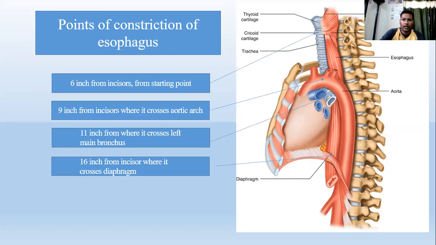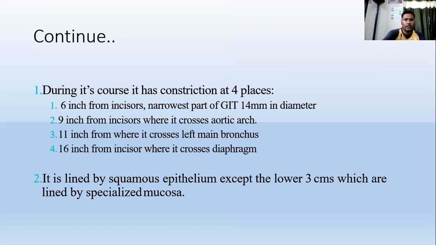This is the narrowest part. You can see in this slide, it is only 14 mm in diameter. You know that it is a fibromuscular organ, so it has very much stretchability. It can stretch up to 5 times its normal diameter, sometimes more.